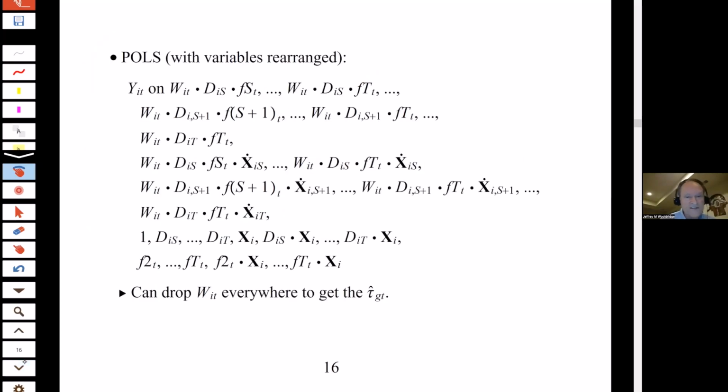Very, very flexible. So when you write down this regression, it's a long regression. And I've flipped the order of things. Now everything above here is related to treatment effects, and everything below here is a control.